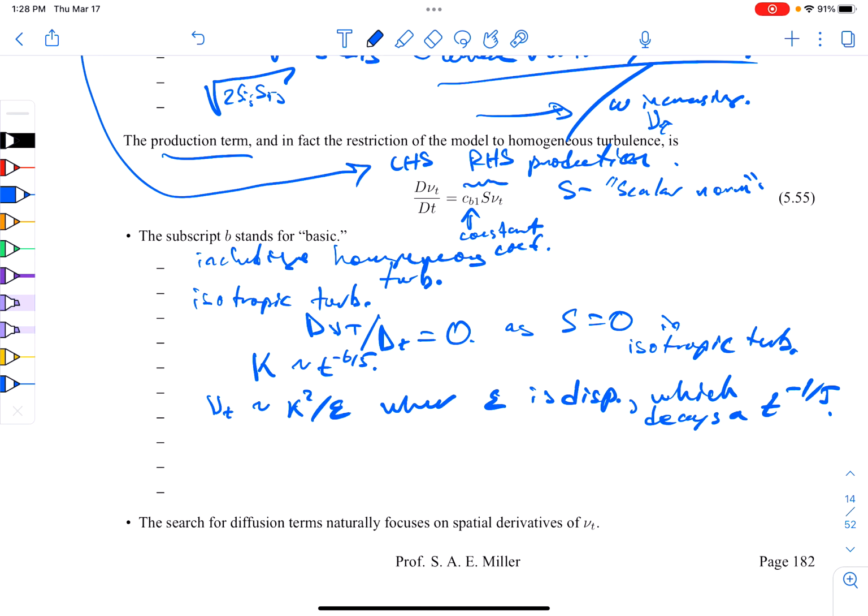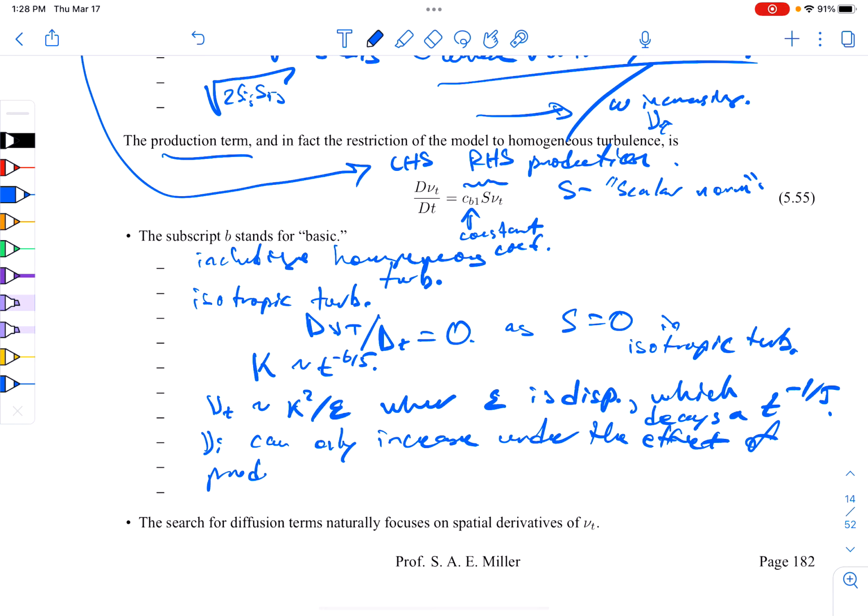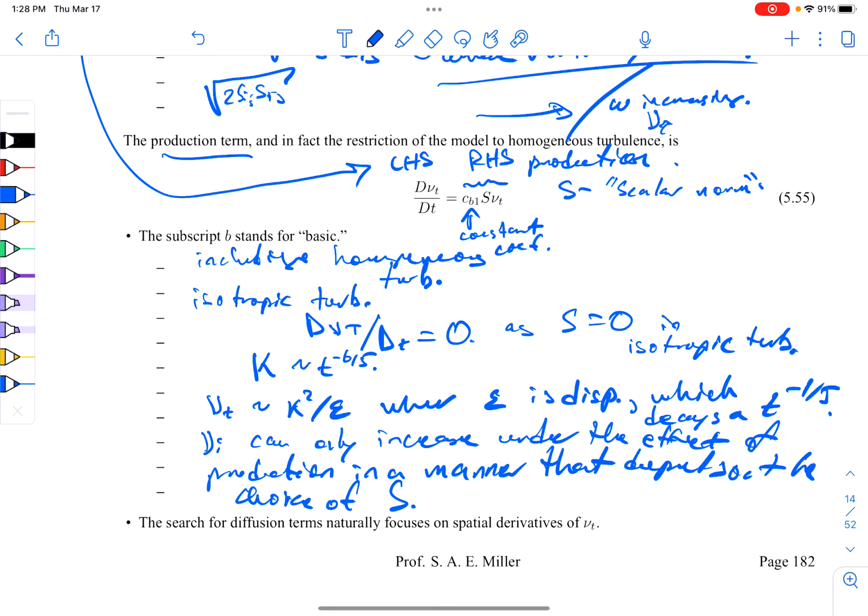So this means in anisotropic flows, nu t can only increase under the effect of production in a manner that depends on the choice of S, my scalar norm.